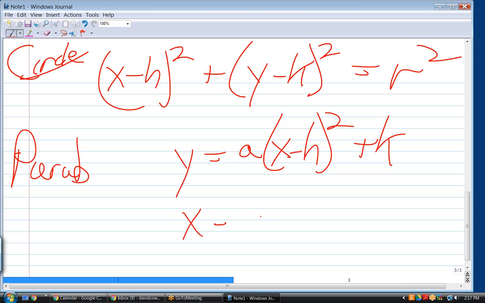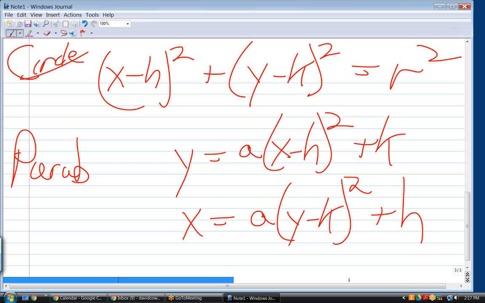Right. That's a horizontal parabola. In other words, this is either like this or like that, but this is like that or like that.